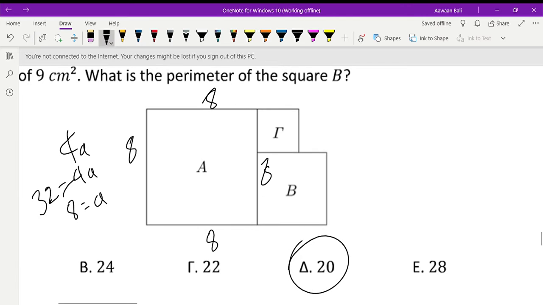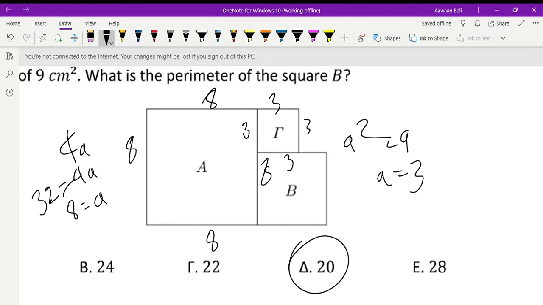And now, gamma, the area for a square is a squared. So since the area of gamma is 9, a squared is 9, so you do the root to both of them. A is equal to 3, which means that all the sides are 3. Again, a is the side of the square.